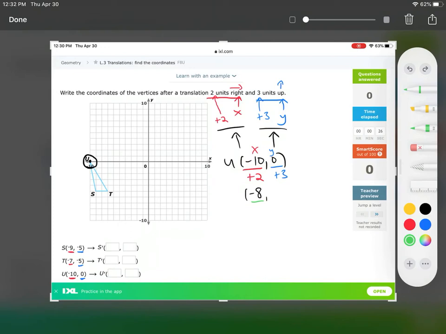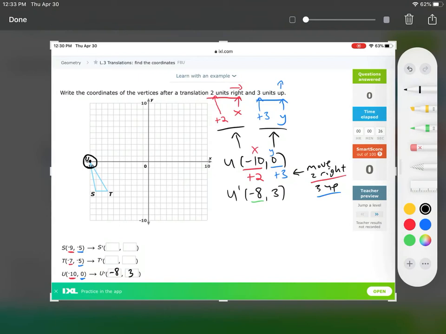The next one, 0, is the original Y coordinate, but I'm moving it 3 up, which means +3. So that is going to be just 3. And so that would be the new coordinates for U prime after I moved it, because this represents moving it 2 to the right, which is the X coordinate, and 3 up, which is the Y coordinate. So that is going to go here, -8, 3.